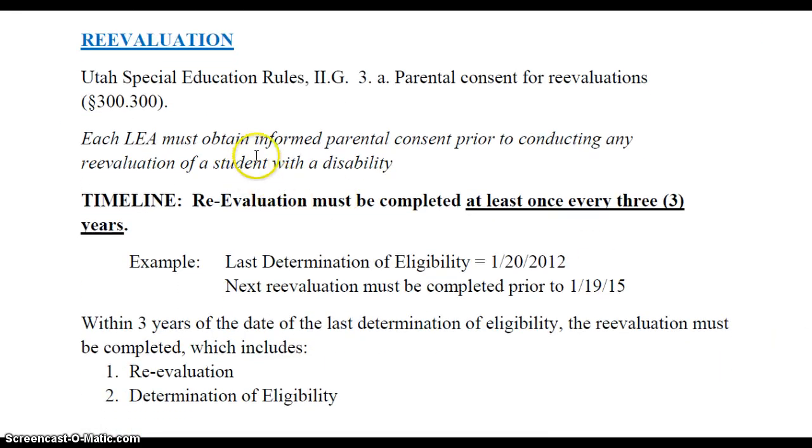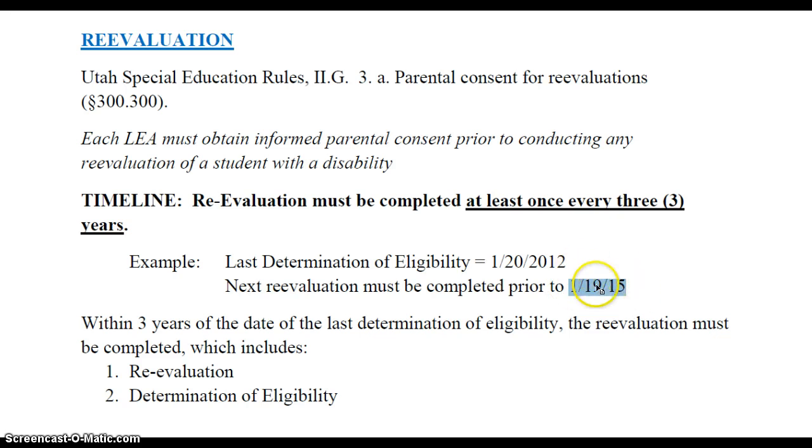For a reevaluation, we must also obtain informed parent consent prior to conducting the reevaluation. But the timeline for the reevaluation is it must be completed at least once every 3 years. An example would be that if the last determination of eligibility were held on January 20th, 2012, then the next reevaluation for that student must be completed sometime before January 19, 2015.